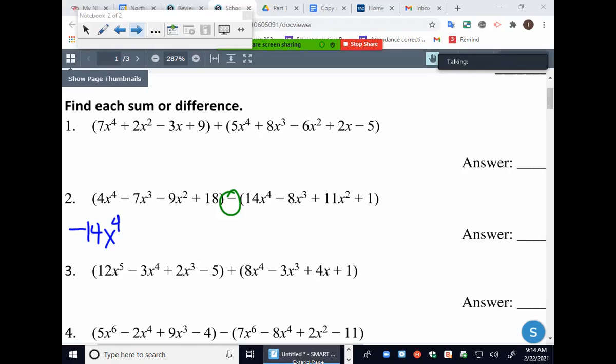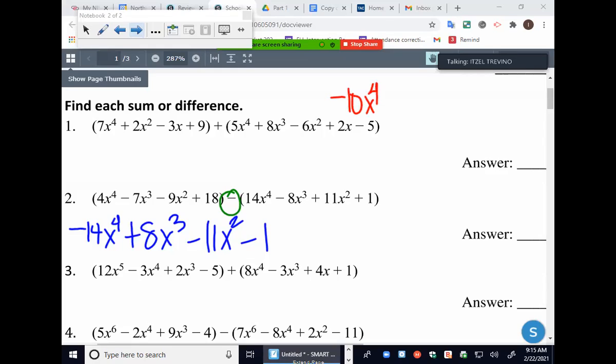So then we're going to put plus 8x cubed. And then we have minus 11x squared and minus 1. So we're just going to put them together one more time, starting with my 4th power exponents. We're just going to review for today. So 4 minus 14 gives me minus 10.